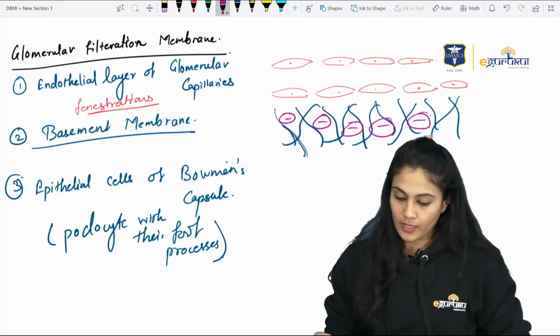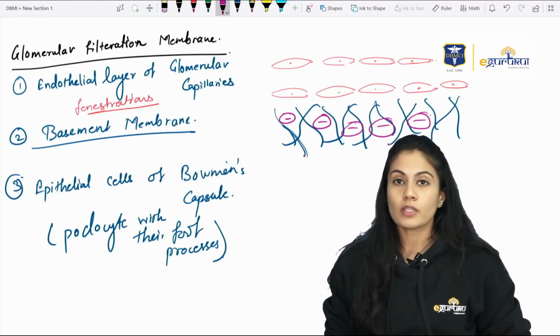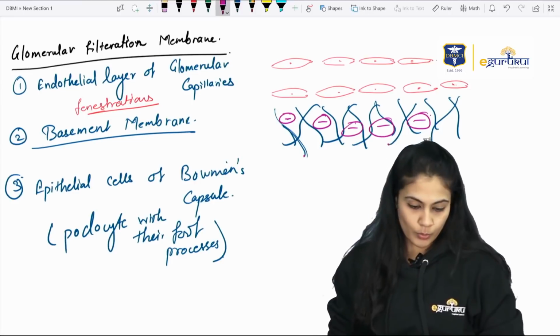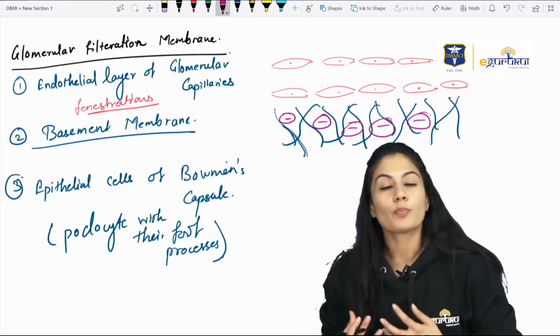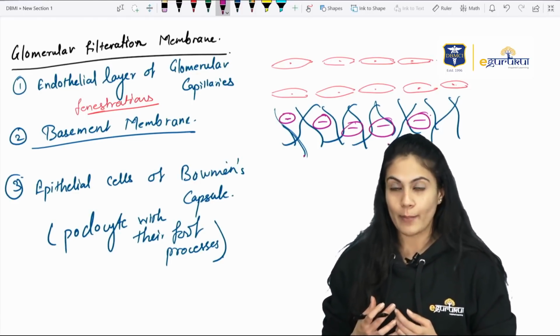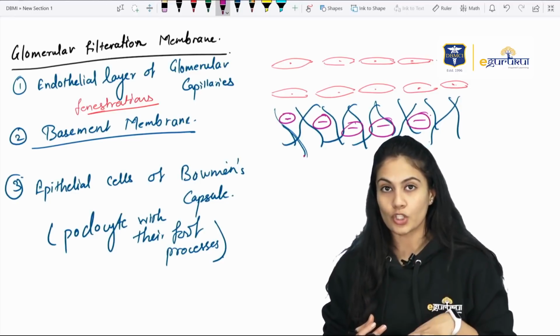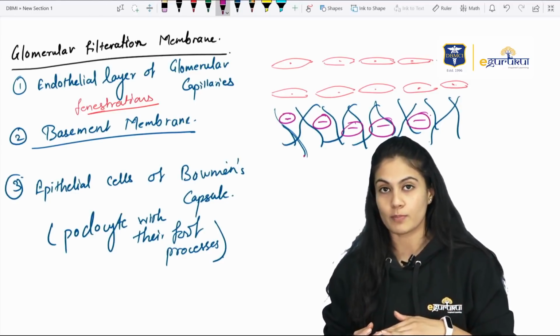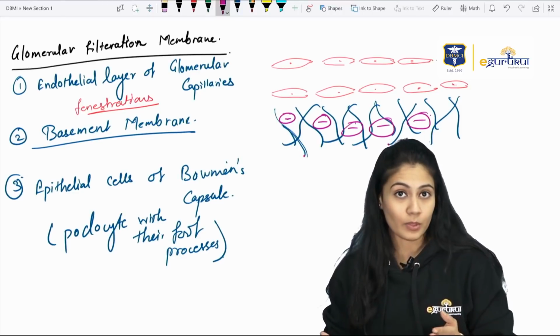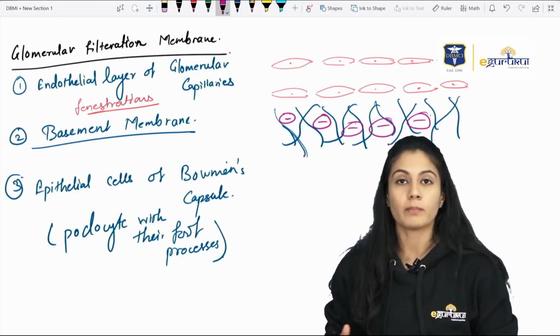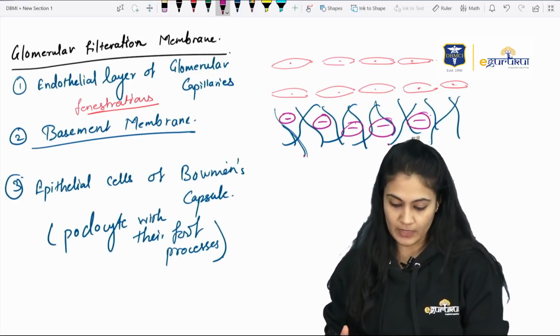So if the sialoproteins are there, what is going to happen to the filtration when negatively charged particles come towards the basement membrane? They are going to repel them, right? So anionic particles are going to get repelled.